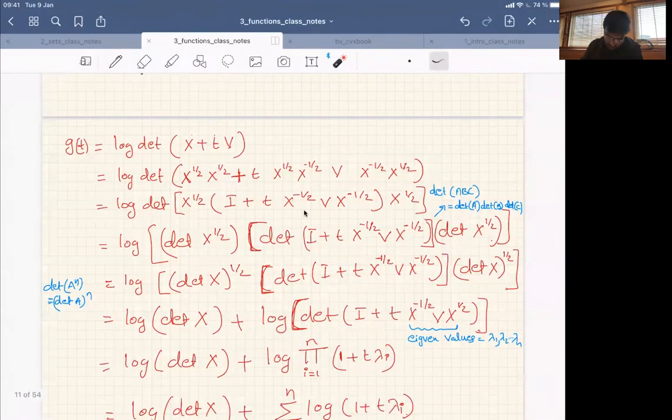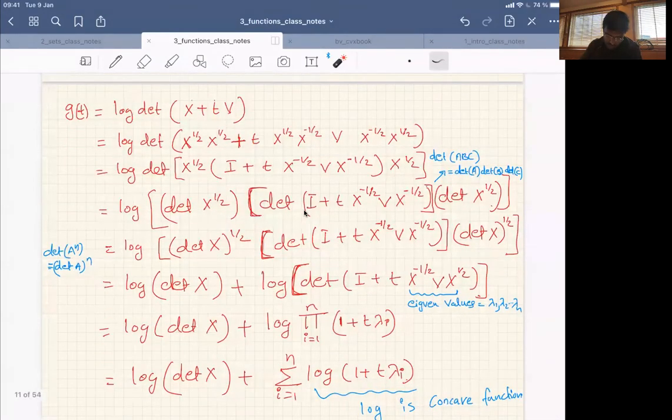Now I take x half out to the left side and to the right side. So here I will have I and t. This guy also I took outside. So remaining I will have x minus half v x minus half.